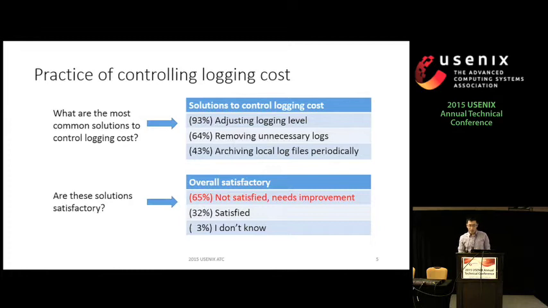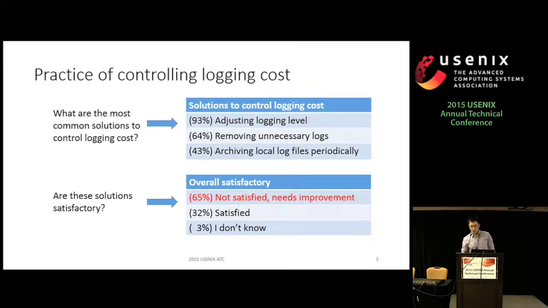We further asked the respondents what the most common solutions to control logging cost are. According to the feedback, the three most common solutions are listed on the right-hand side. They are adjusting the logging level, removing unnecessary logs in source code, or archiving local log files periodically.